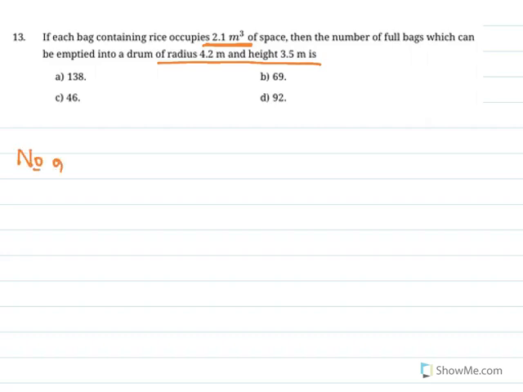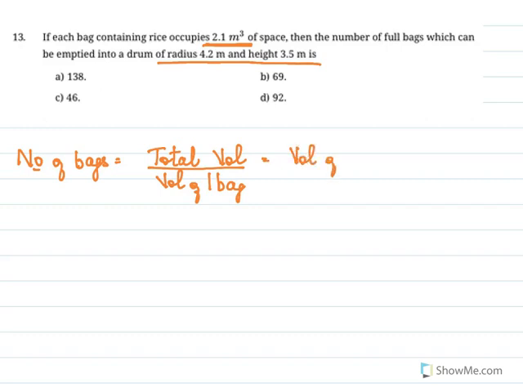So the number of bags will be total volume over volume of one bag. Now the total volume is the volume of the drum, which is a cylinder. All these bags are put in the drum. And of course, volume of one bag, which they have given us.